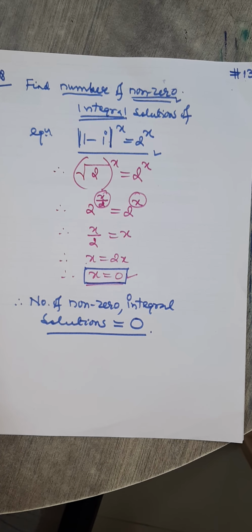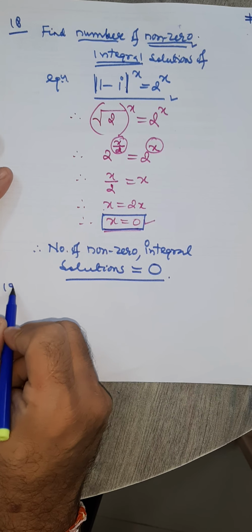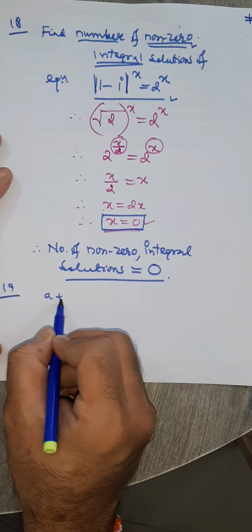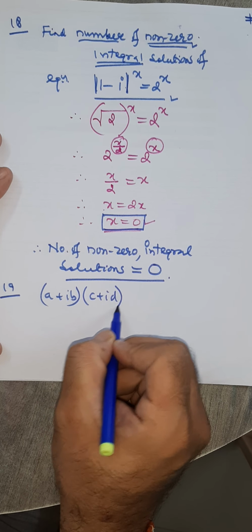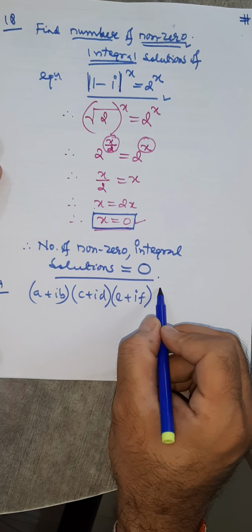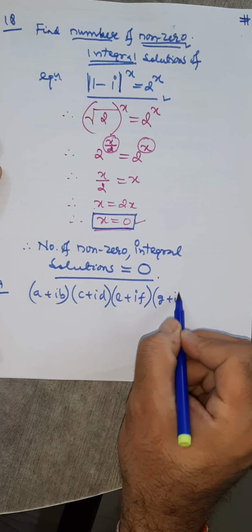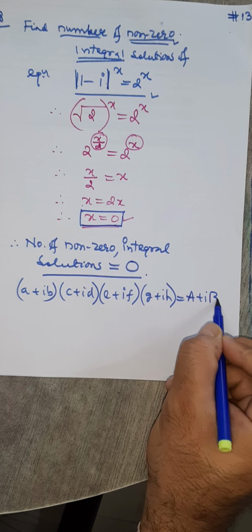Okay, now the next question, number 19. If you just look at what you want to prove, you will realize immediately. In question number 19, you are given a plus iota b, one complex number, c plus iota d, another complex number, e plus iota f, a third complex number, g plus iota h, a fourth complex number, equals a plus iota b.